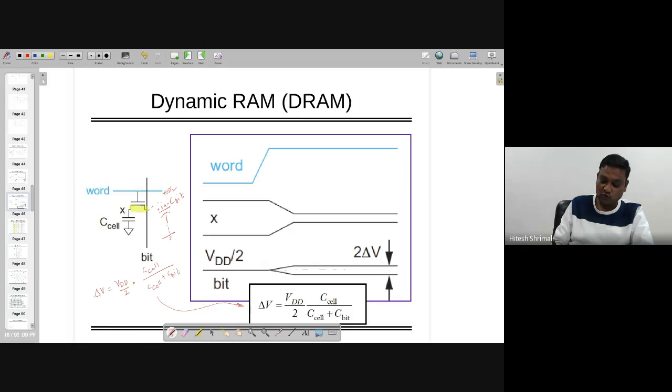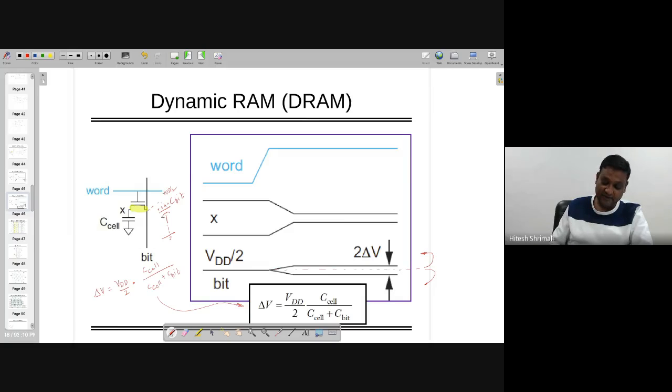It depends what value you have at C cell, whether it's going to take you plus side or maybe minus side. It's always a division between these two capacitors, and accordingly you can program it to 1 or 0.